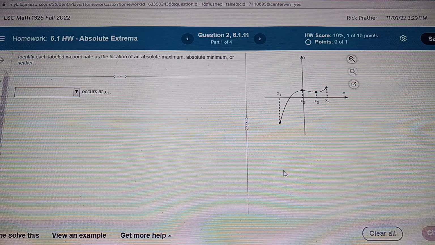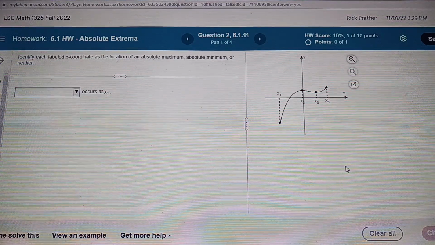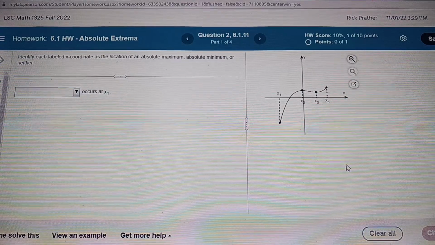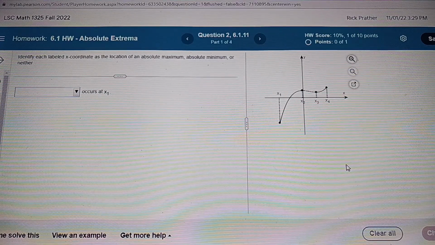A graph can have multiple relative minimums, and if they're at different y values, then one of them clearly is not the overall minimum, and they might all not be the overall minimum, just the lowest points in their area. But this absolute minimum, there's literally nothing lower than that anywhere on this graph. Whatever this y value happens to be, they're not going to let me know it here.